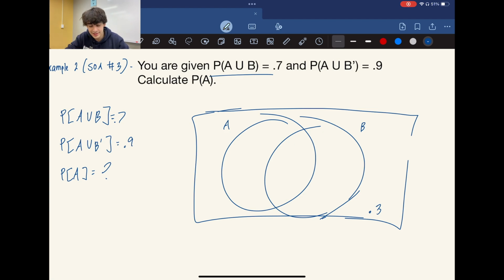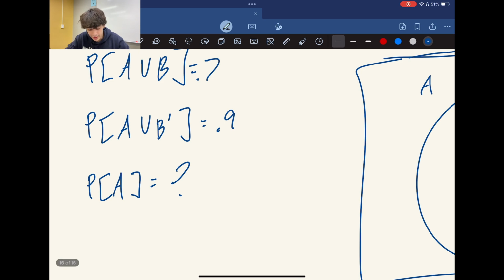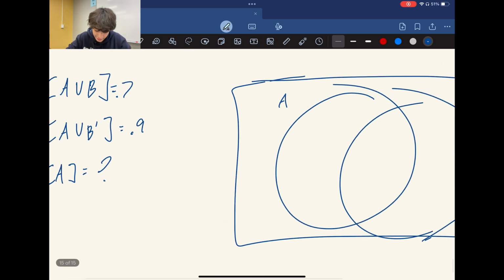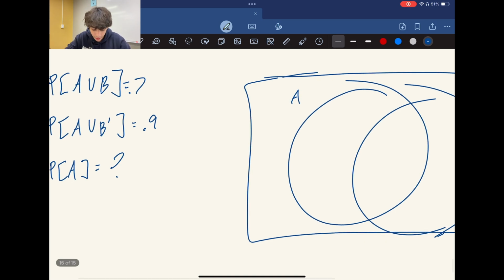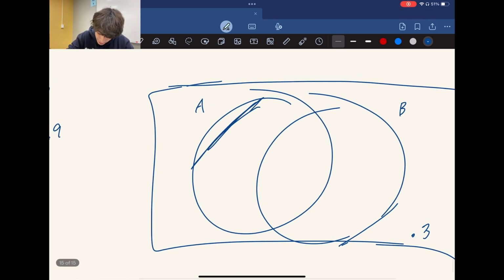Let's see if the second piece of information could give something. They're saying that the probability of A union B complement is equal to 0.9. Interesting stuff. So what is that saying? Well, set A is denoted by this.